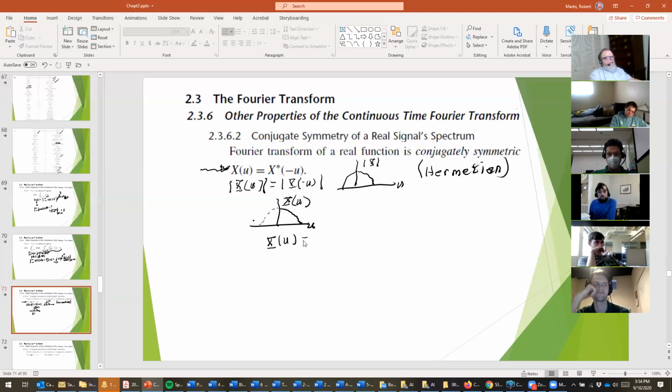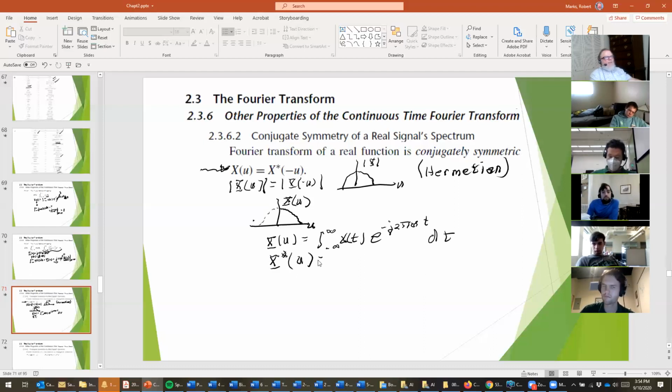It starts out, like everything does, with the definition of the Fourier transform. And now we're going to conjugate it. Conjugation, if you remember, mechanically corresponds to just setting all of the j's equal to minus j's.